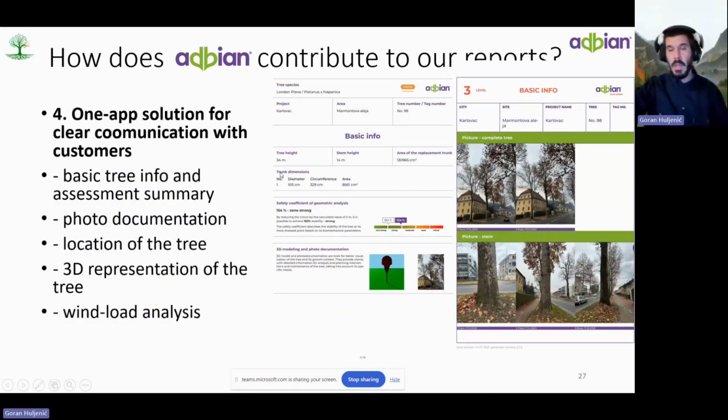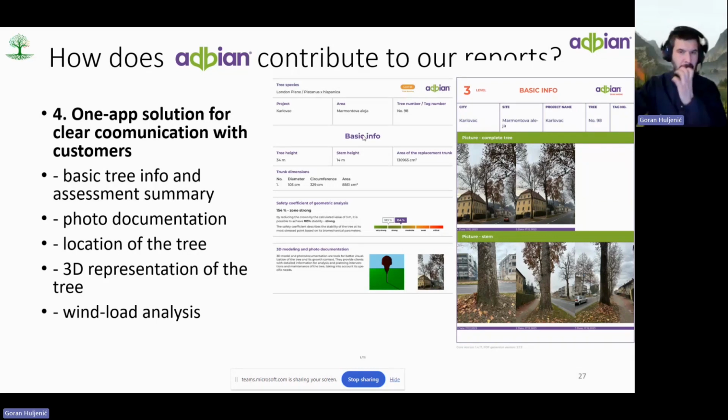And actually, what I really like, because we are not just consultants, we are also a business company, is that this is for us one app solution for clear communication with the customers. So it's really a fast way to create a nice addition to your report.